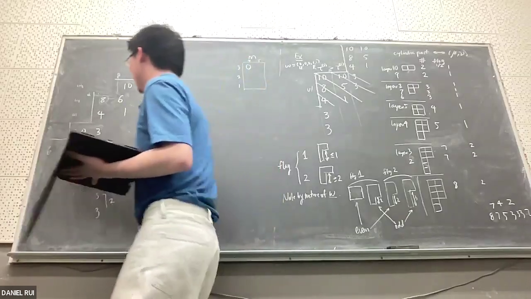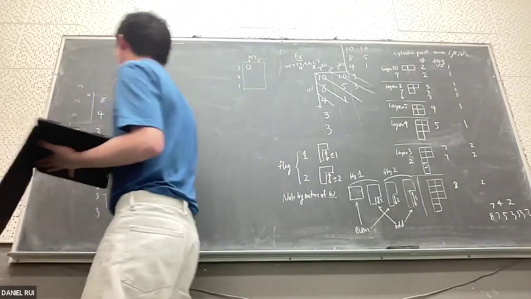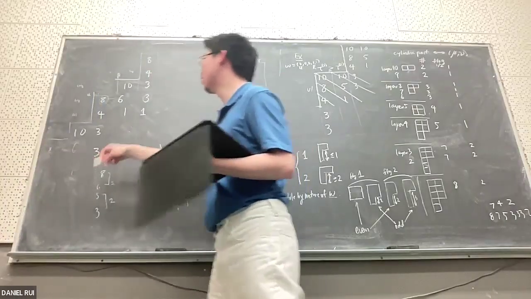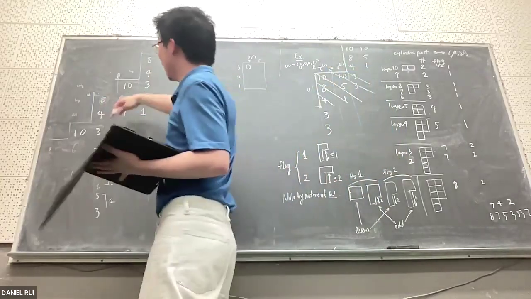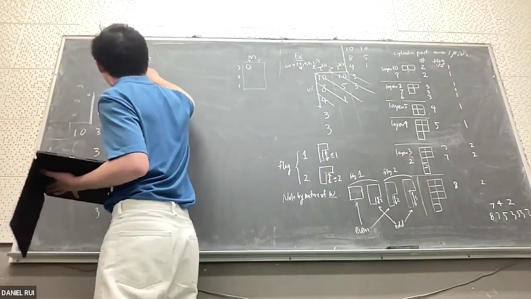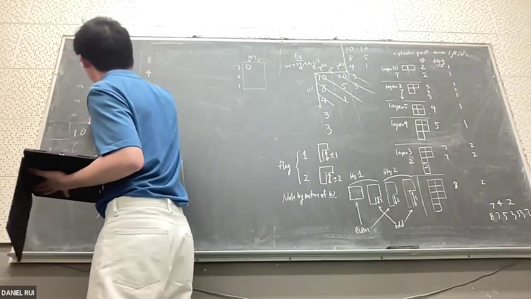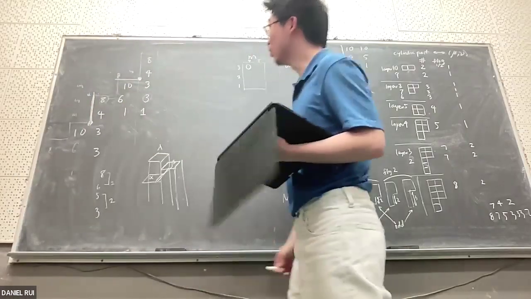No, it should be 8 and 6. And some 1s below. It doesn't end up mattering because the things only involve this. So let me just mark down the original spots. The original block is sandwiched between these two dots.